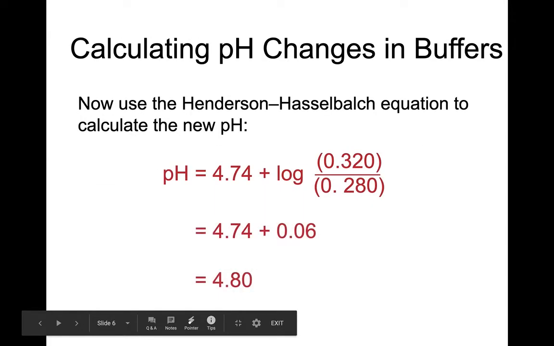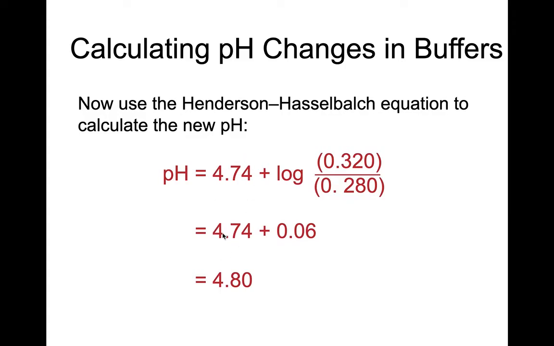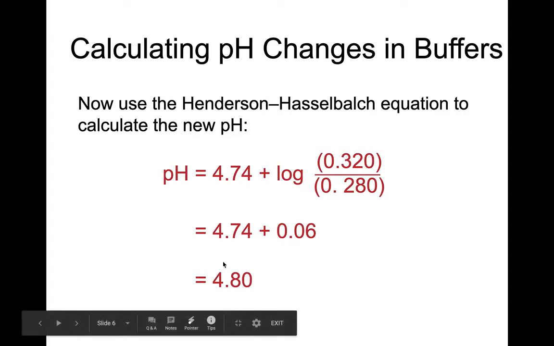Knowing those equilibrium concentrations, we can use the Henderson-Hasselbalch equation to solve for the new pH. We've got our pKa, which we saw was going to equal the initial pH, 4.74, a couple slides ago, plus the log. We add in the new concentration of our base and of our acid, and we're able to calculate the new pH.